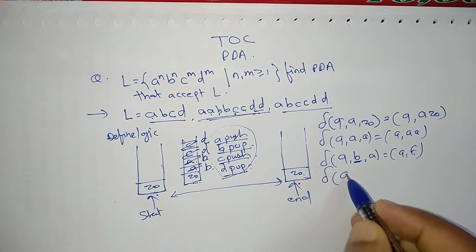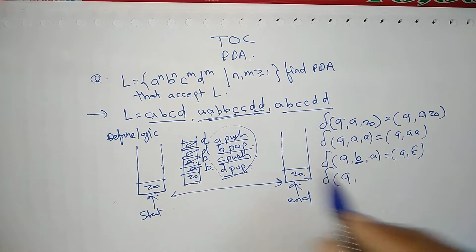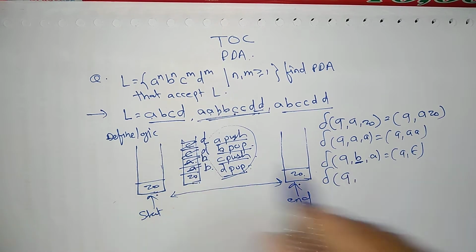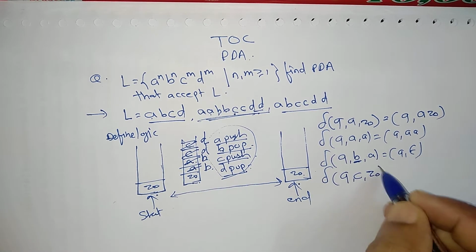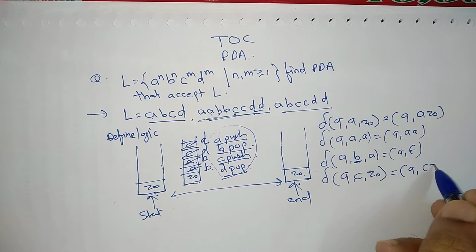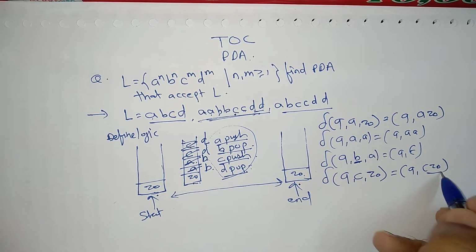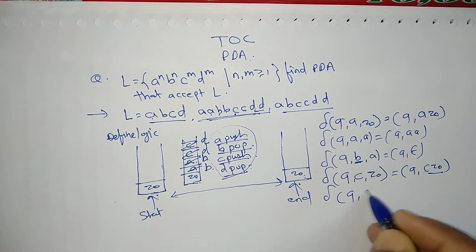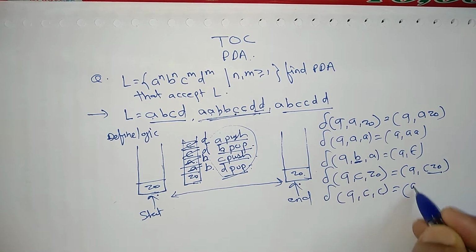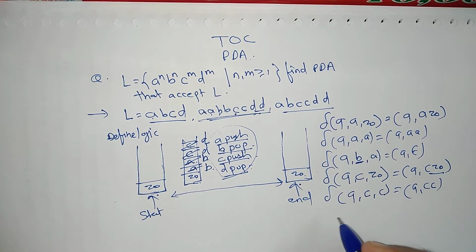If Q is there and C is the input, top of the stack is Z0, then I am going to push C: Q, C Z0. If there are more C's, then I am going to push more C's.